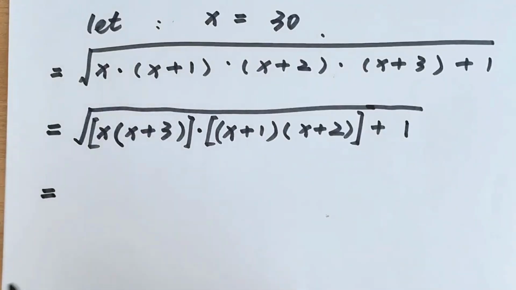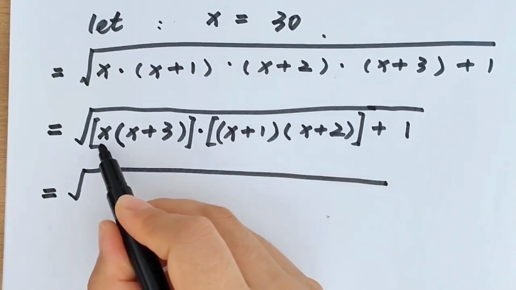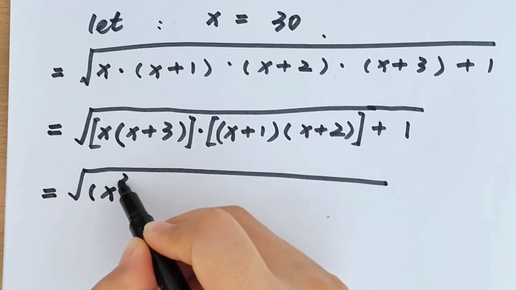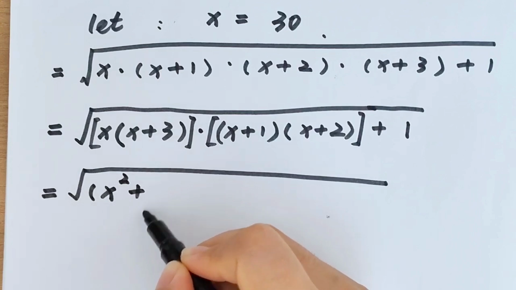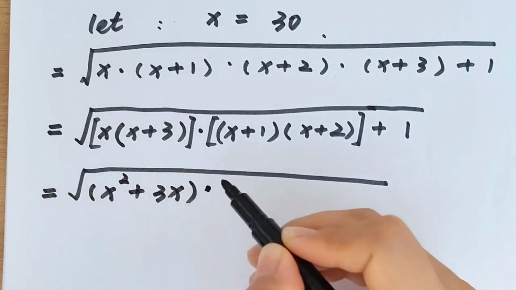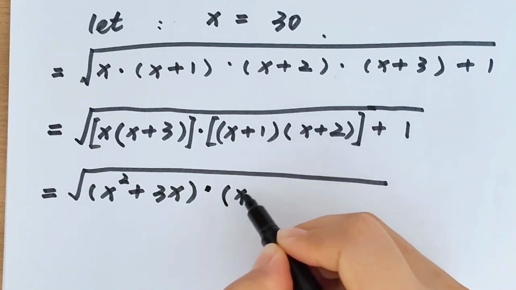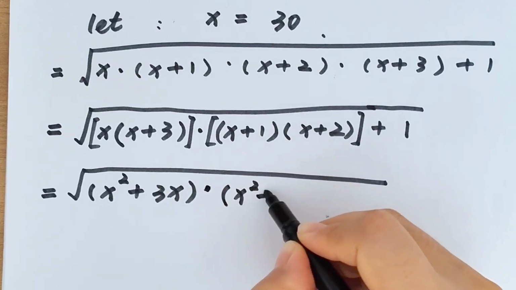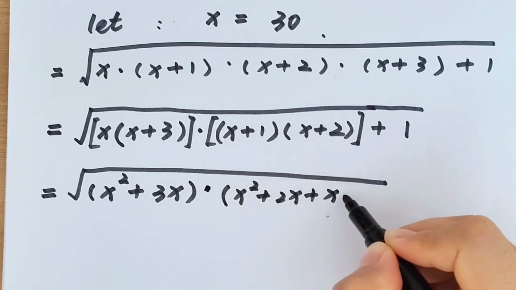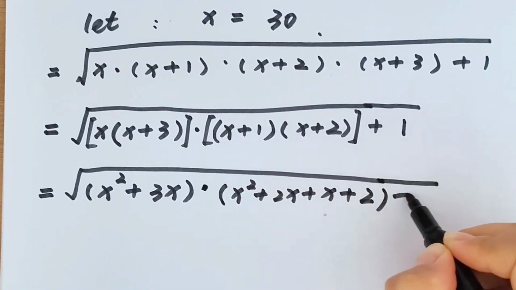It will be equal to the square root of x times x equals x squared plus 3x, then times x is x squared plus 2x plus x plus 2, plus 1.